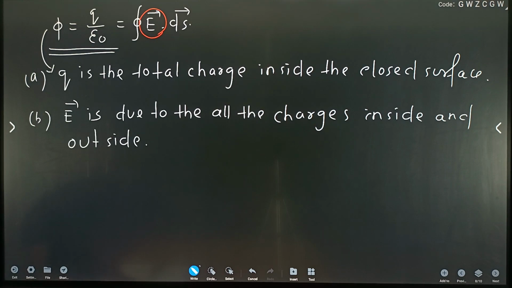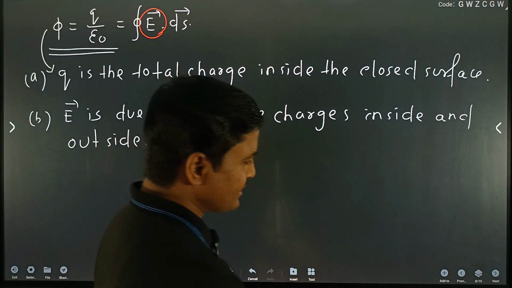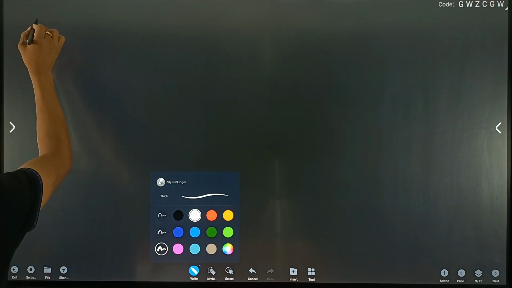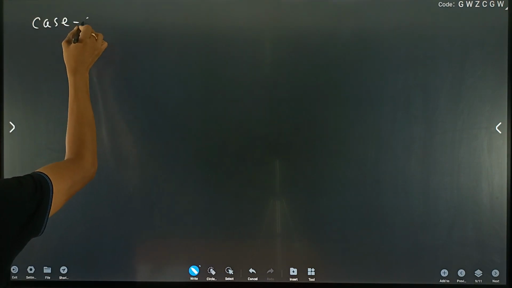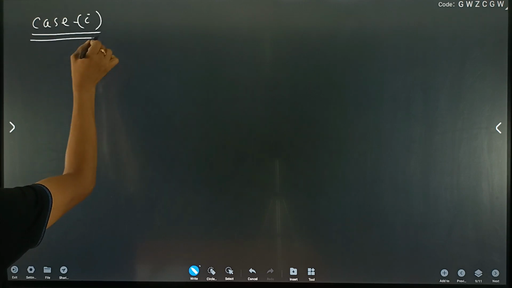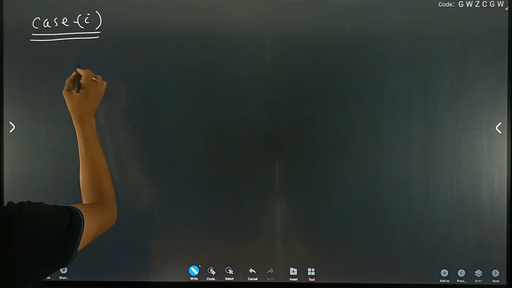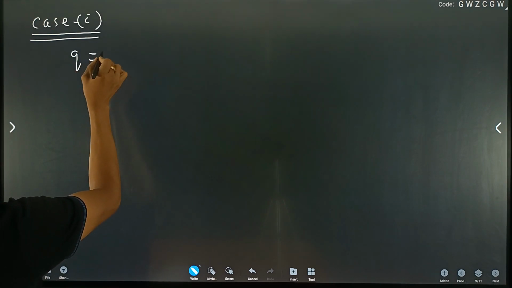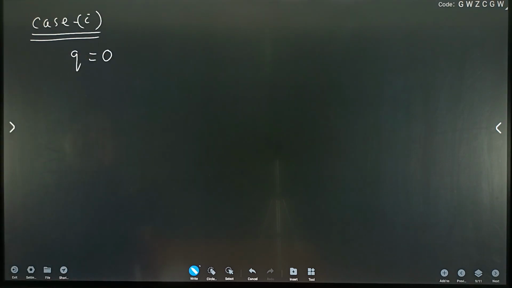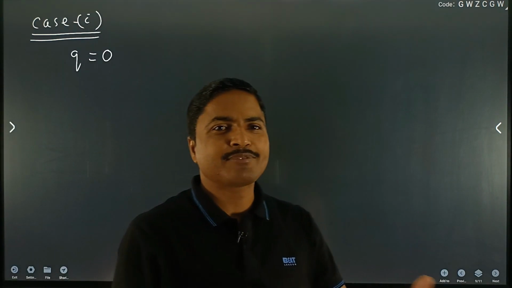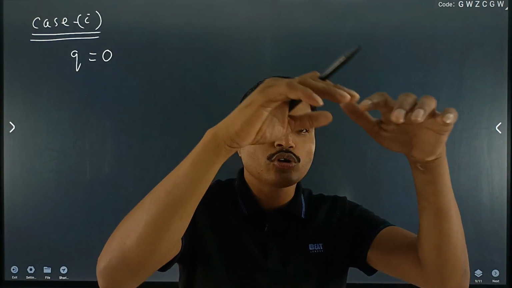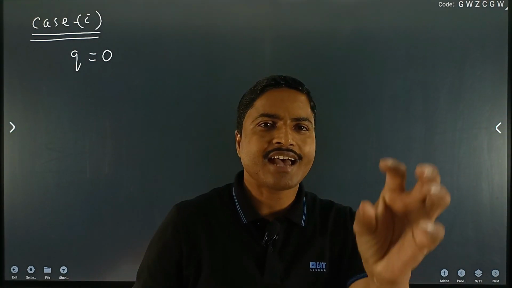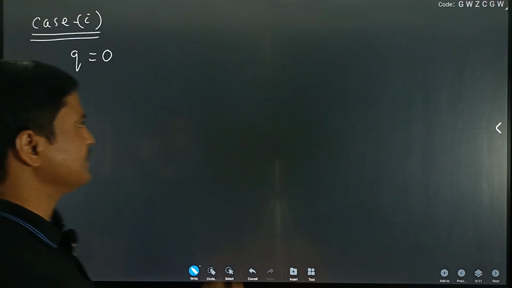Clear? Then some special cases are there. Suppose first one, we write case 1. Suppose no charge is there, or net charge is equal to 0. In the absence of charge, a closed surface is there, and inside the closed surface charge is 0.